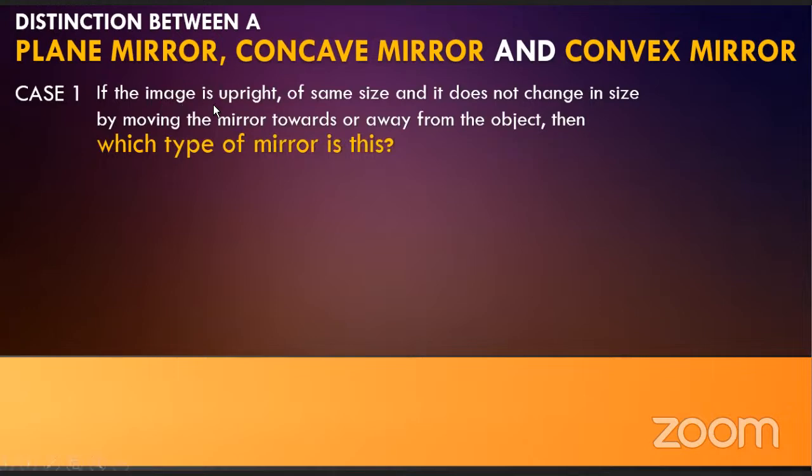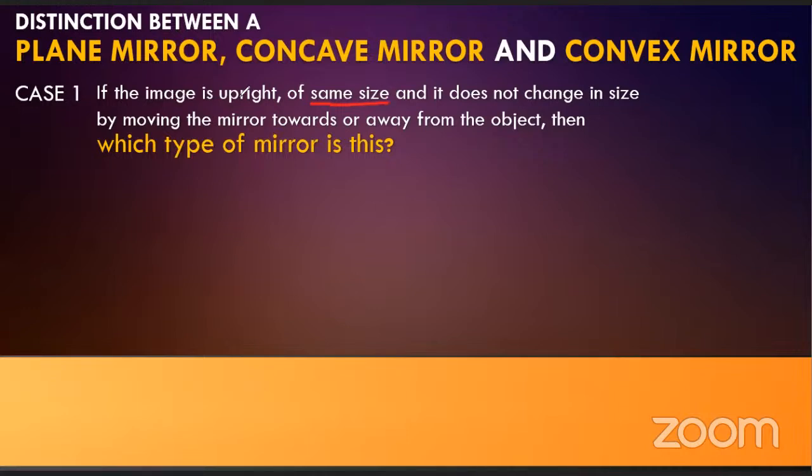If the image is upright, of the same size, and does not change its size when moving the mirror towards or away from the object, which type of mirror is this? Convex mirror? Are the object and image the same size in a convex mirror? No. Plane mirror, very good.